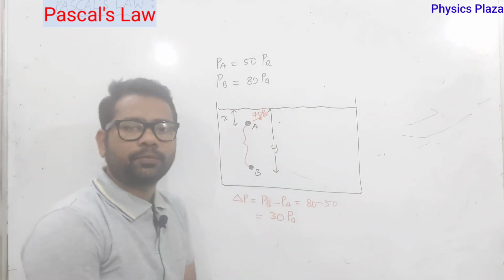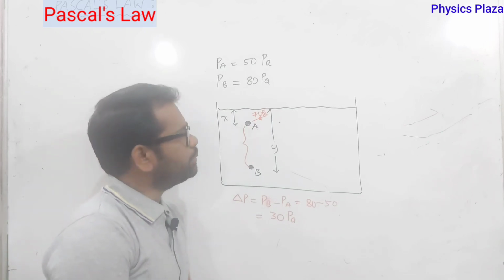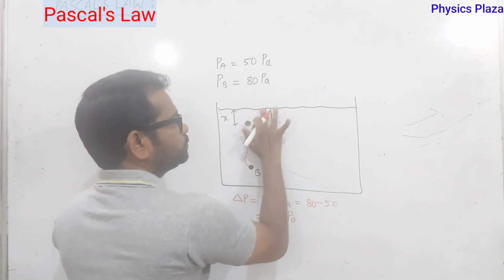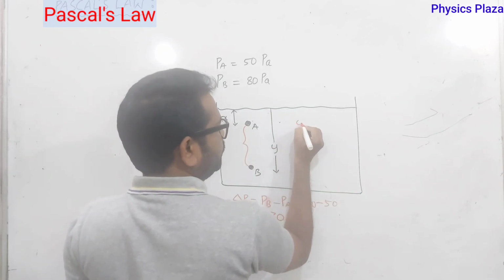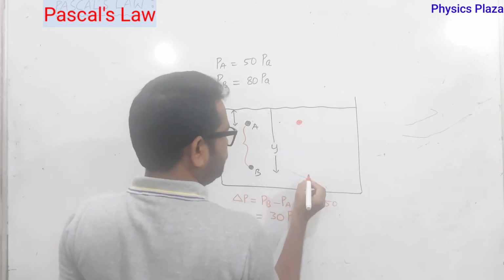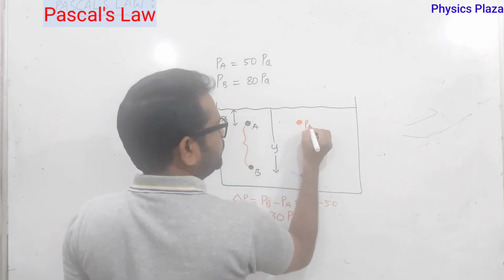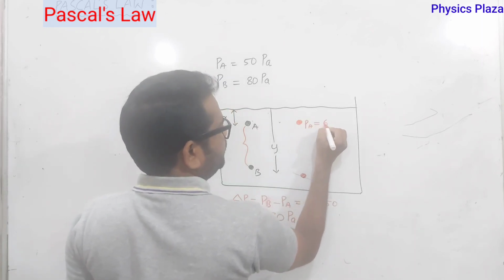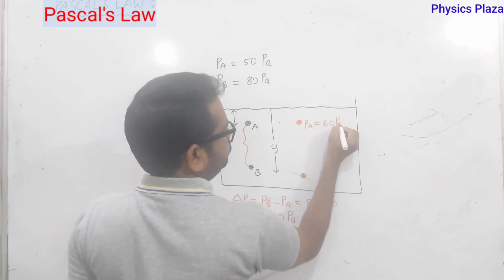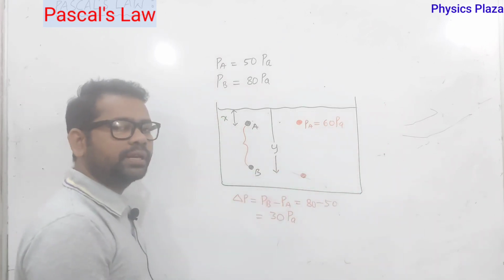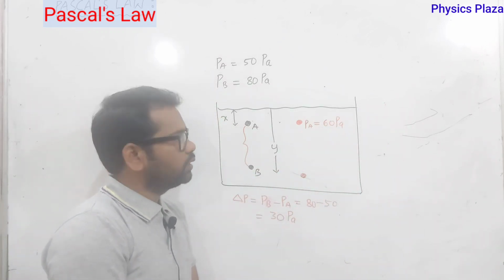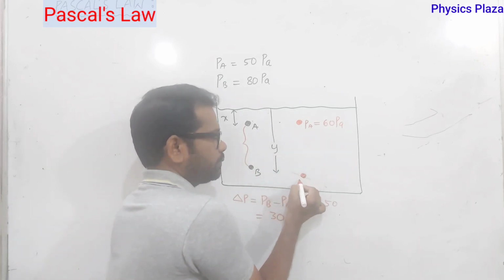Please try to understand, children. This is the same point A, same depth, so don't get confused. So now at this point the pressure became 60 Pascal. What is the pressure at point B?